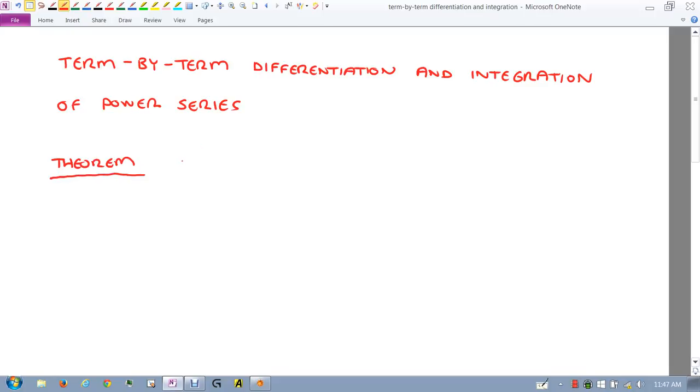Right. If f of x, well, hold on. If a power series, this is our standard notation for a power series.